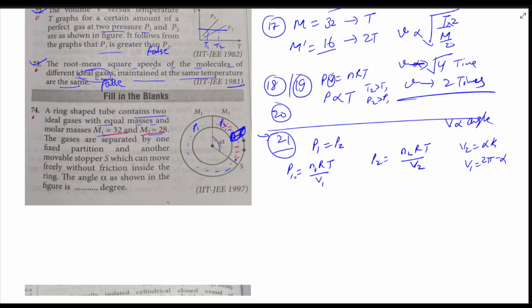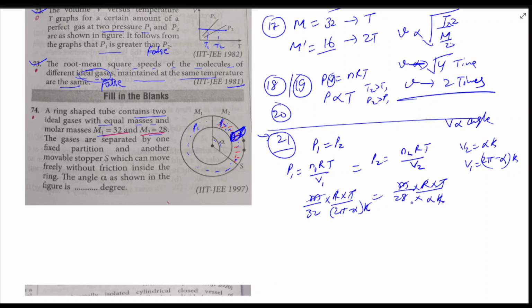Let's just equate them. If they are equal, then N1RT by V1, where V1 is (2 pi minus alpha) into K. N1 will be mass m upon 32, so m upon 32 into R, temperature is same, divided by (2 pi minus alpha) into K. This is some constant K. P2 will be m upon 28 into R into T divided by V2, and V2 will be alpha K. So K will get cancelled, and m will get cancelled because they had the same mass.